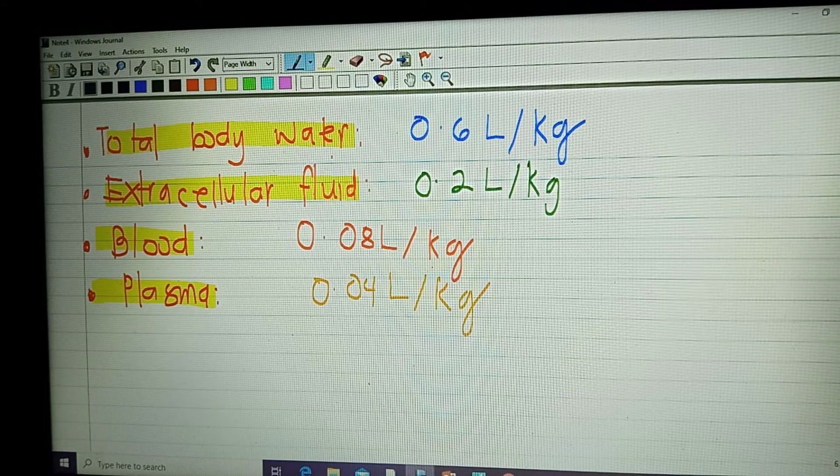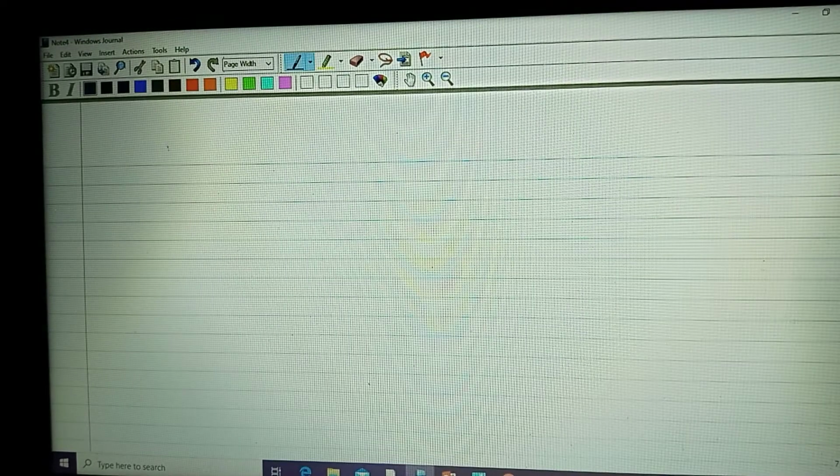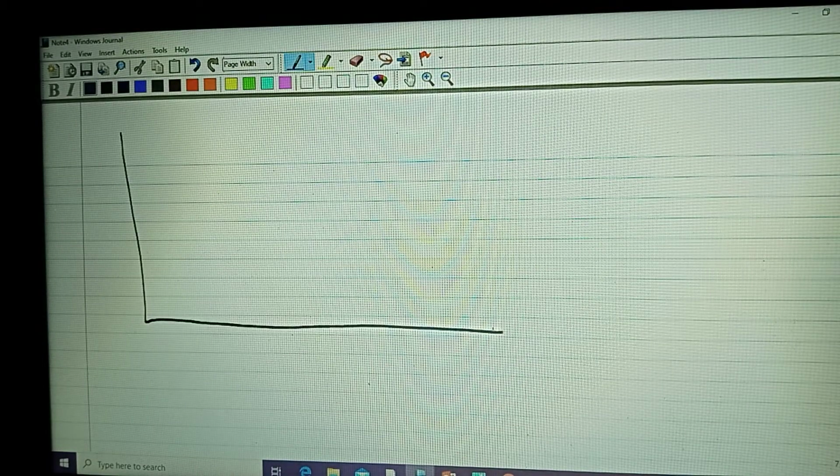I-graph natin yung ating 70 kilogram. So this is a graph showing the plasma compartment of a 70 kilogram person, kung ilang liters yon, and the compartment of the total body water, kung ilang liters din.